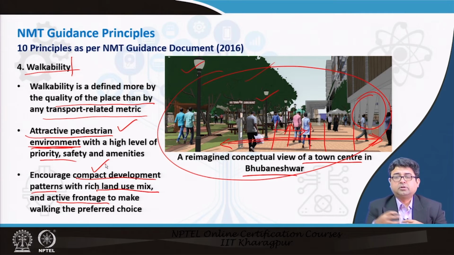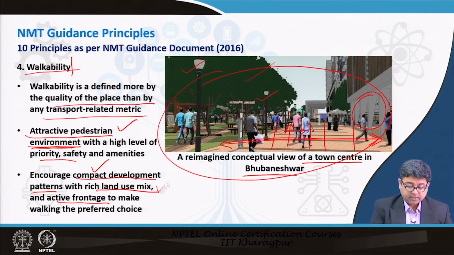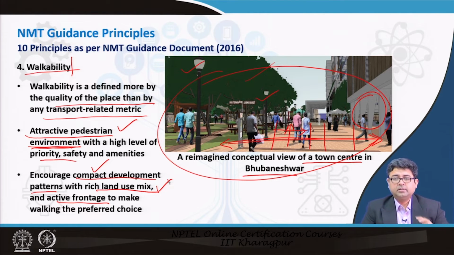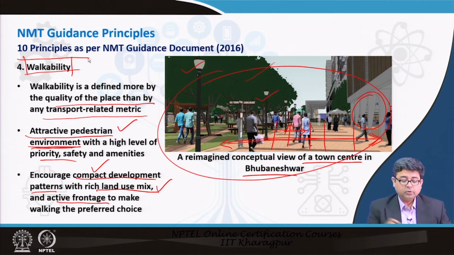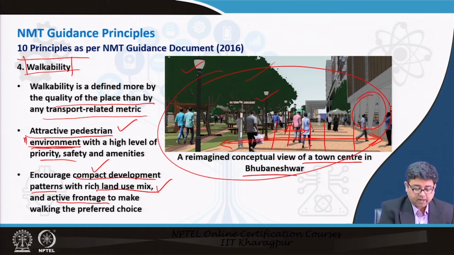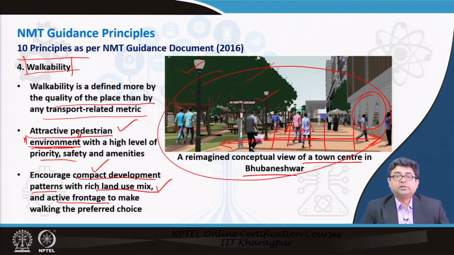If the distances are short, then people are more encouraged to walk. Similarly, if there are good mixes of land uses, people can go from one place to the other in short walking distances. So, in order to encourage walkability, you have to have the environment which is conducive to walking, and we have looked at all the elements involved in providing the environment.